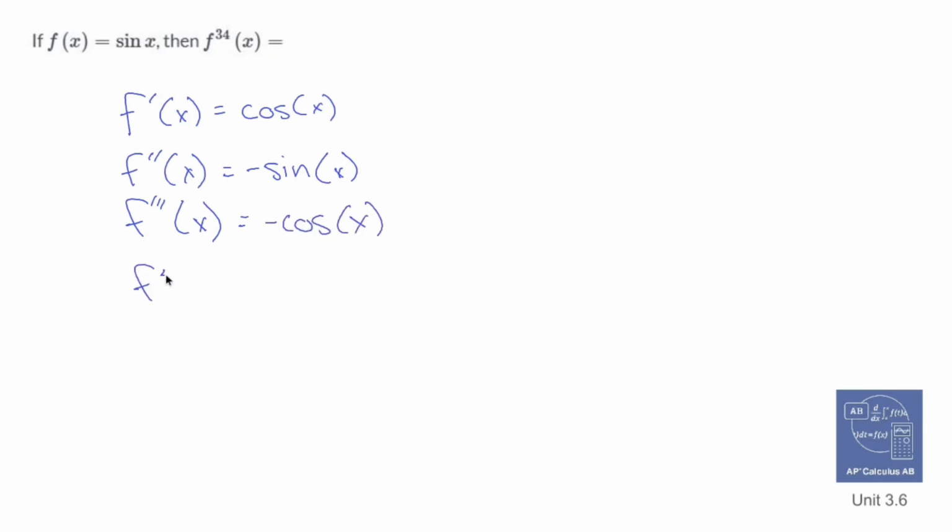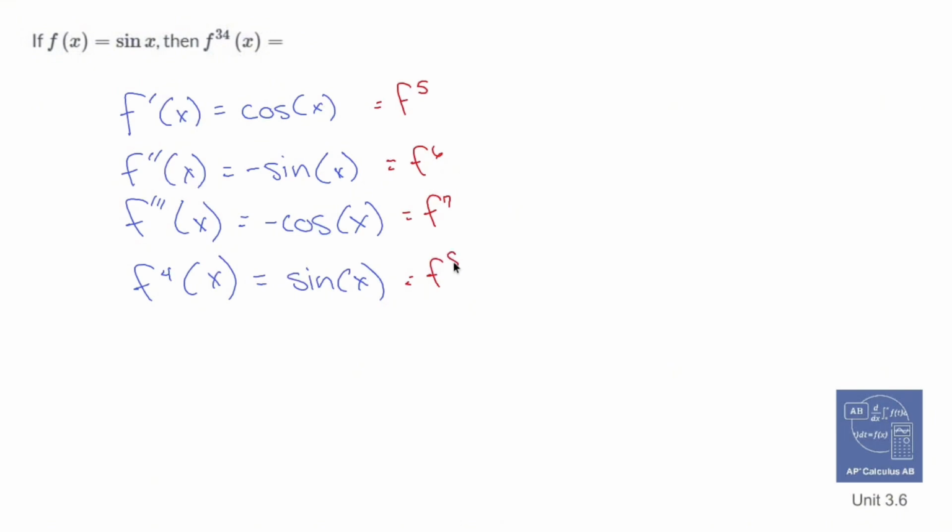And the fourth derivative is going to be, oh, no way, sine x. So this is just going to repeat itself, which means you're going to be the same as the fifth derivative, and the sixth derivative, and so on and so forth.